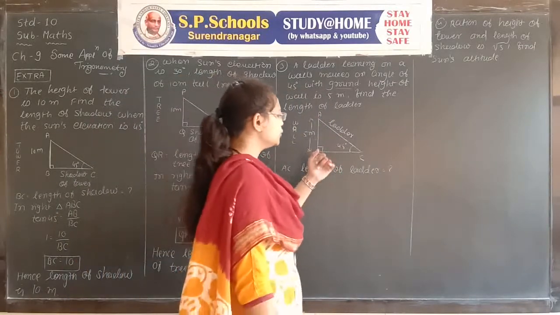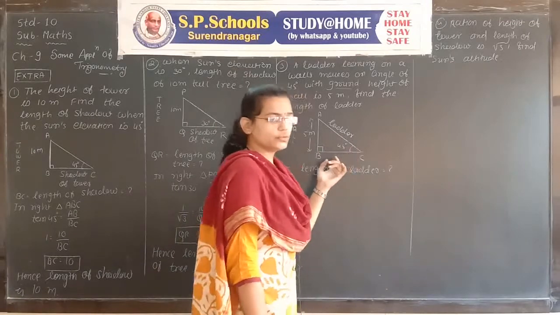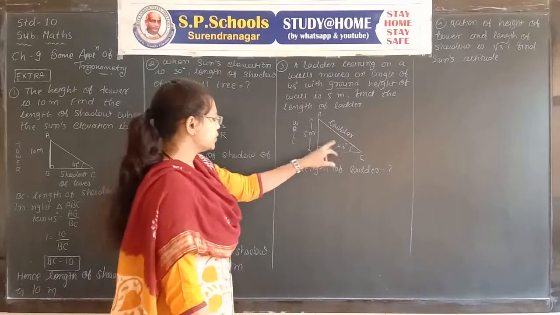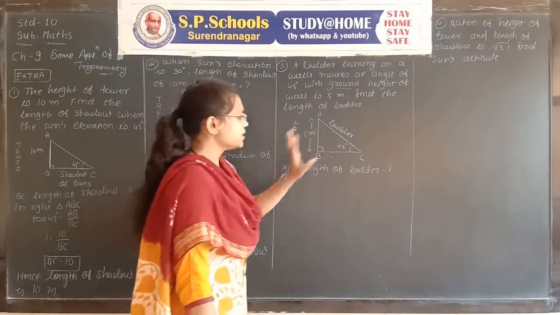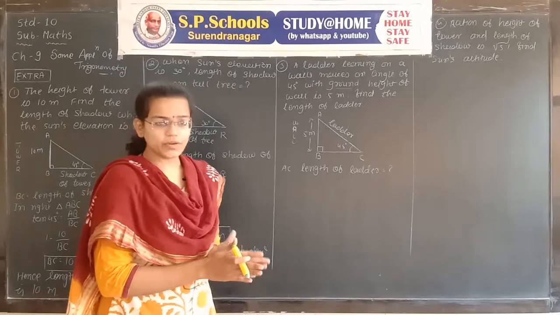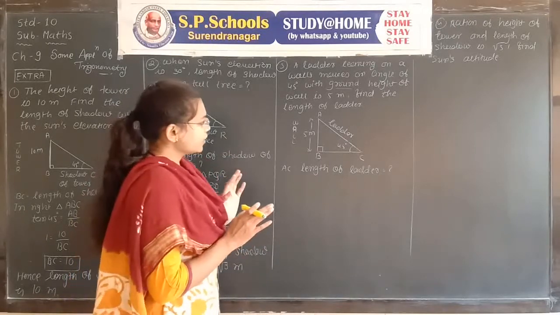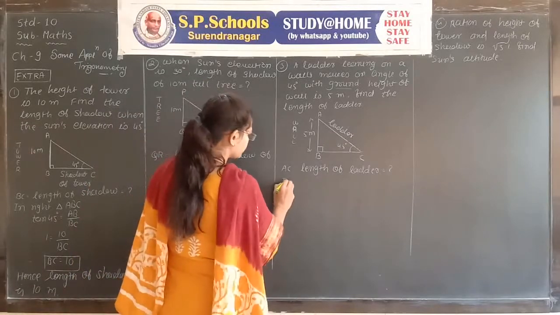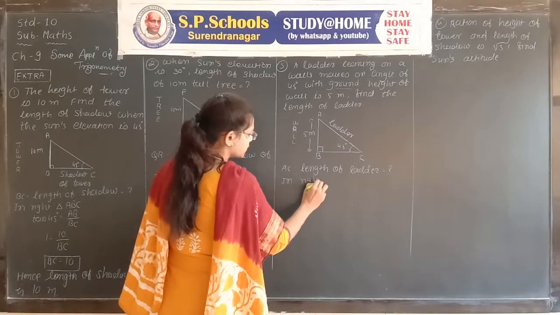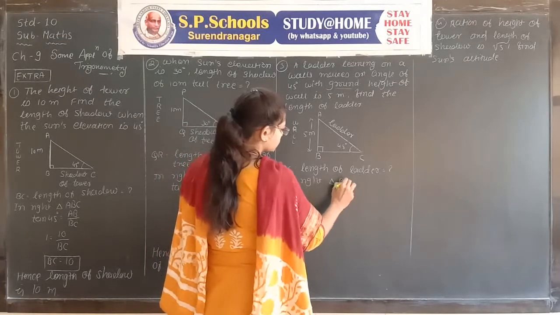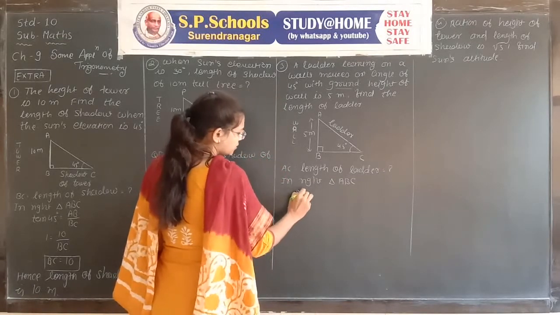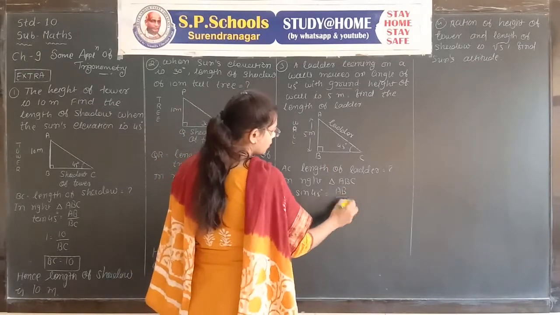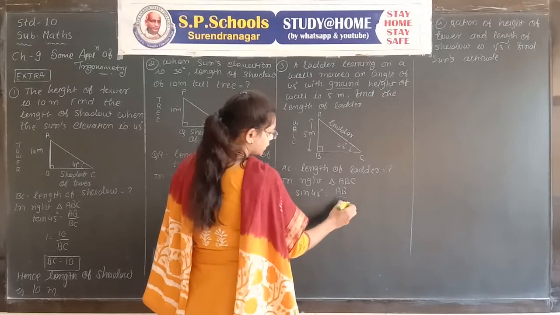To find the length of the ladder, use a trigonometric ratio. The ladder looks like the hypotenuse, so opposite we know AB, and AC is the hypotenuse. Opposite and hypotenuse are applicable for sine and cosec. We apply sine here. In right triangle ABC, sin 45 is equal to opposite AB upon hypotenuse AC.